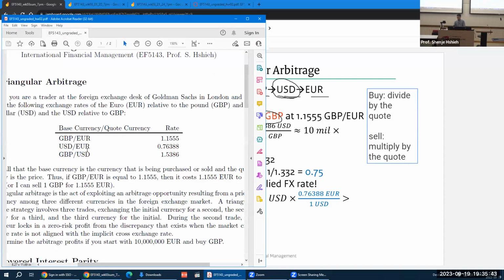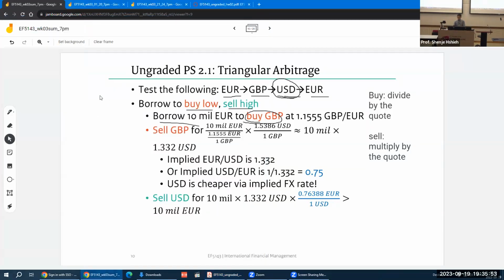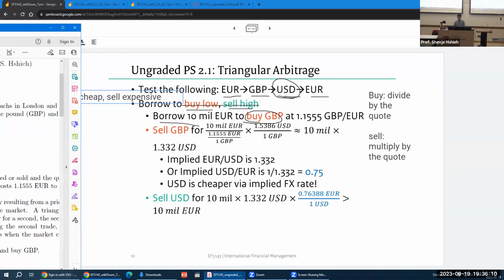Okay. So in this case, we have British pounds that we bought, so we divide, and then we're going to sell it for dollars, so we multiply by 1.5386. And I'm going to correct this. Sorry, this should be buy cheap, sell expensive. Intuition. Because we're borrowing the quote currency as opposed to the base currency.